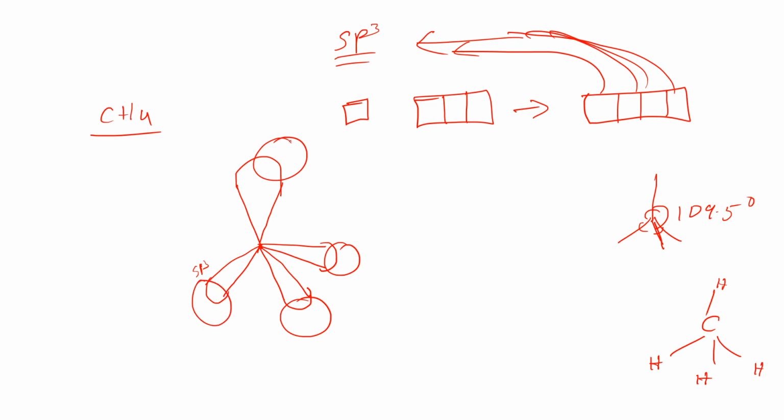So in each and everywhere there is sp3. So total how many hydrogens? 4: the first, second, third, and fourth hydrogen. So the structure will be formed this way. This is the carbon. So this is the formation of sp3 hybridization in the CH4 molecule. The shape is tetrahedral. Tetra means 4 hydrogens are there.